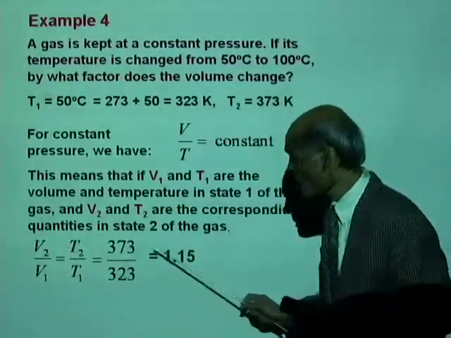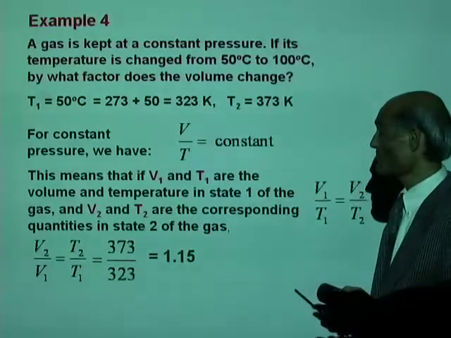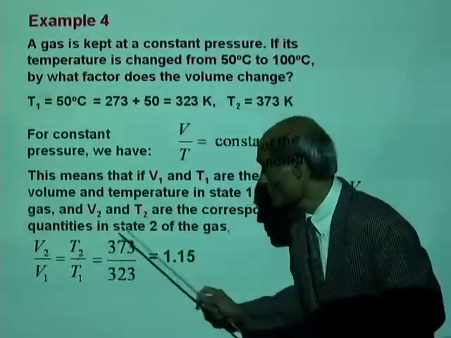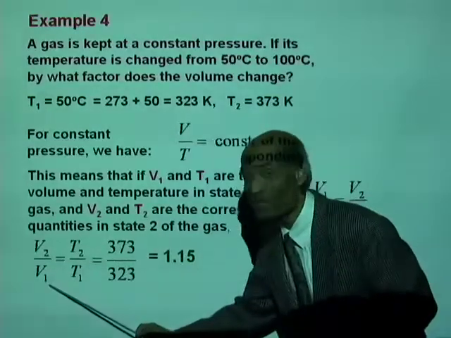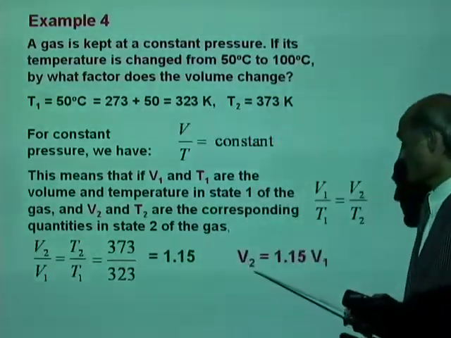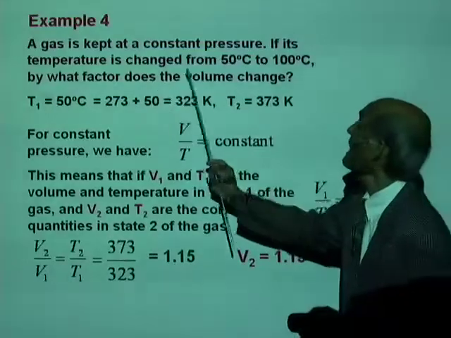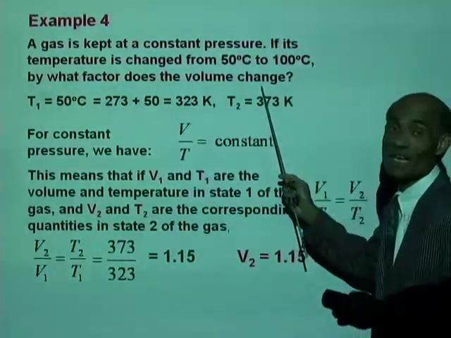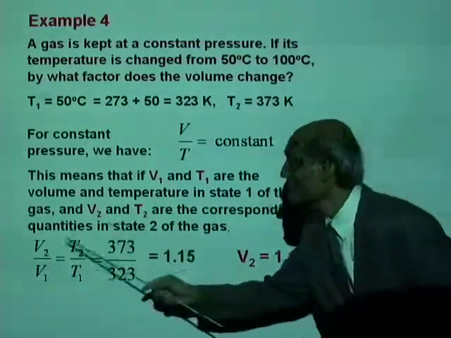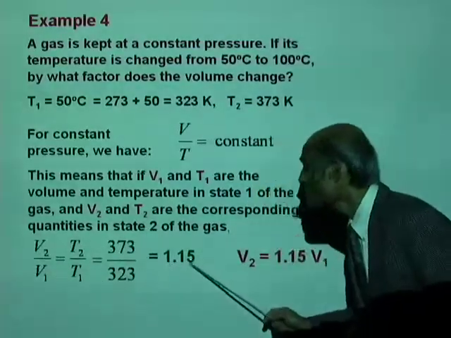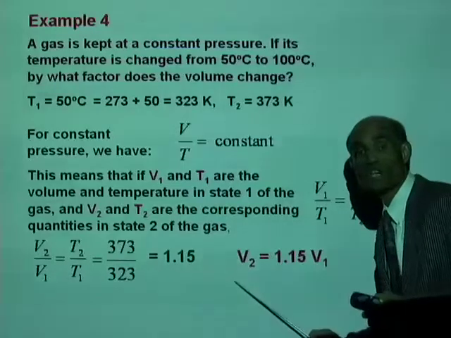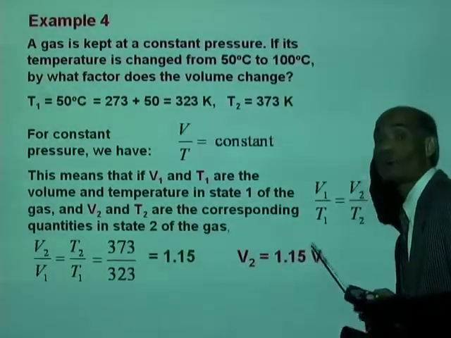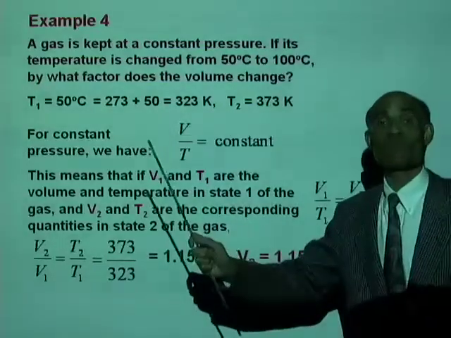V2 over V1 is 1.15, means V2 equals 1.15 times V1. That's right. So we have answered this question. By what factor does the volume change? V2 over V1 equals 1.15 means the final volume is 1.15 times the initial volume.